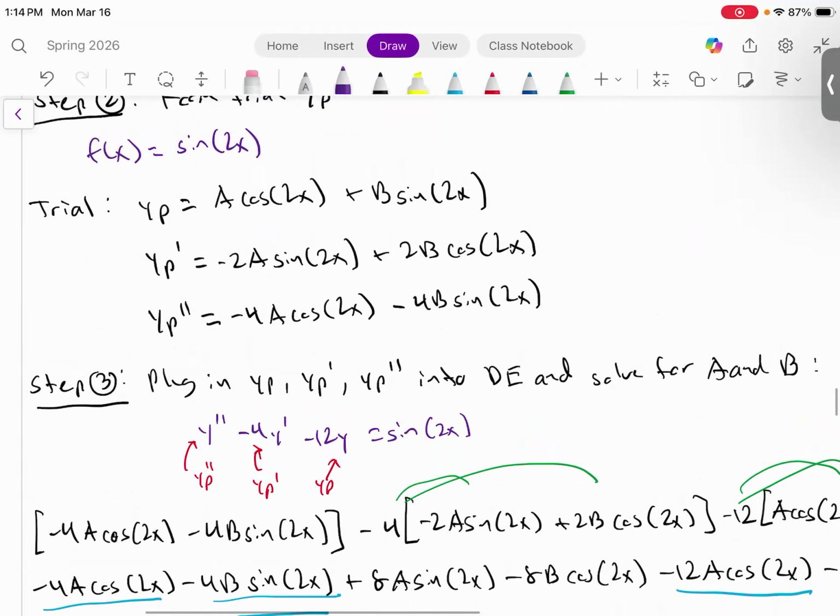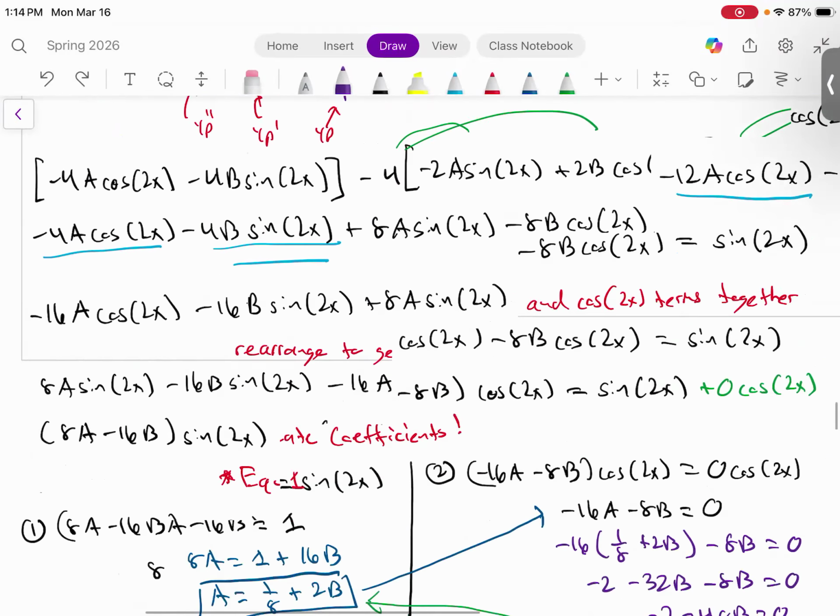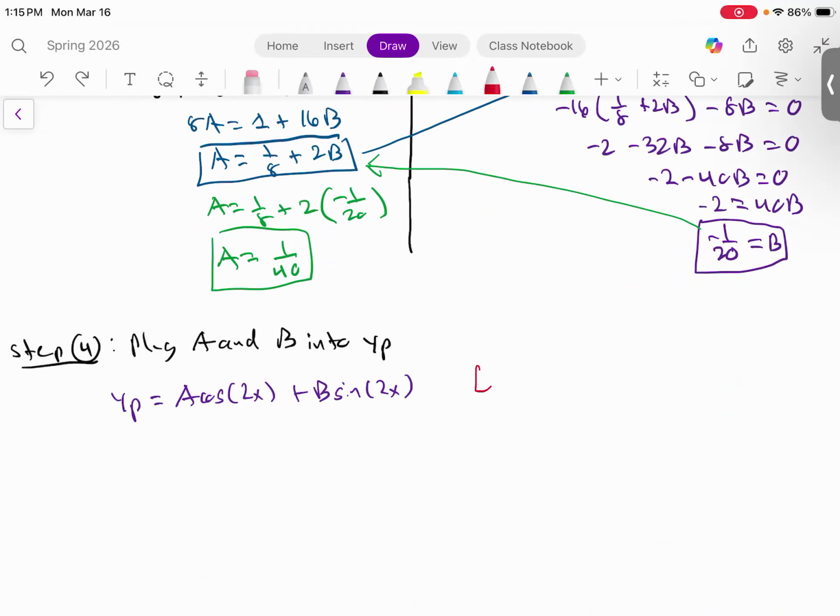Yep, right here. So we found that a is 1 over 40 and b is negative 1 over 20. So our particular solution is 1 over 40 cosine of 2x minus 1 over 20 sine of 2x. Okay, so that's our particular solution.